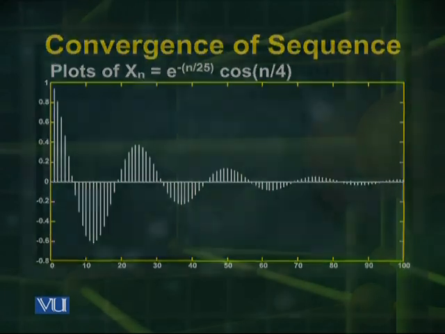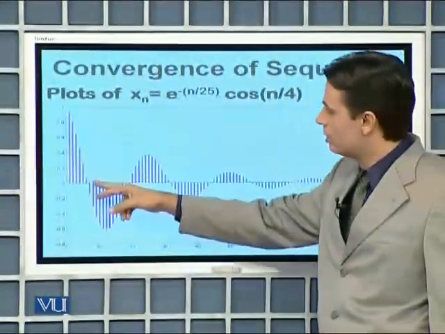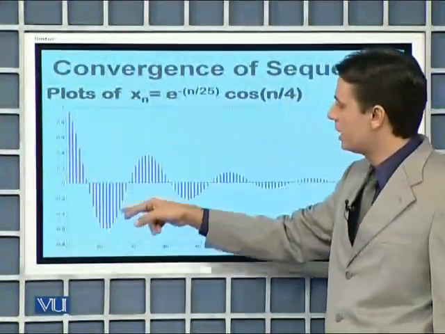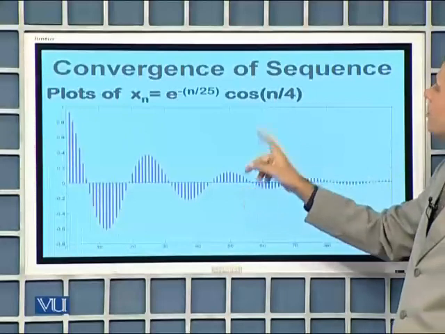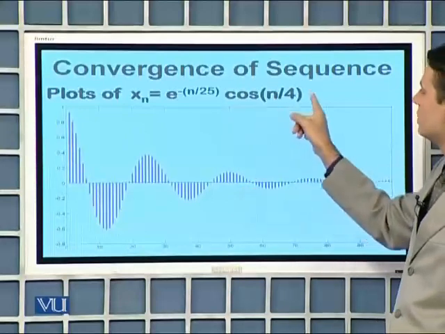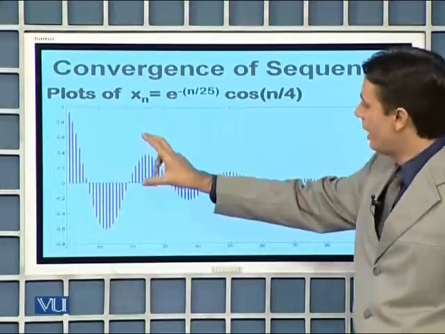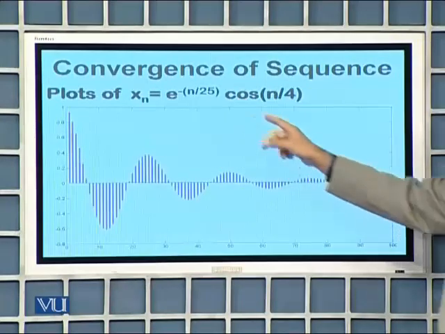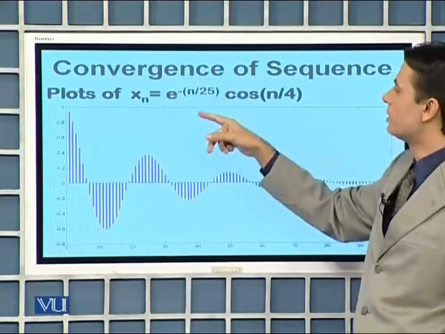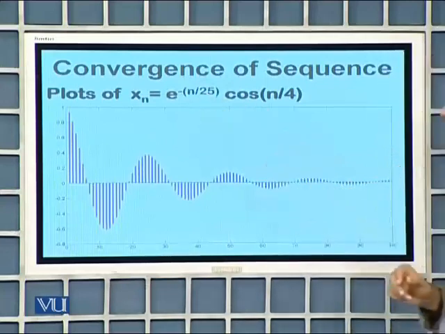So this sequence starts from positive, goes negative, then positive, negative, positive, negative, is oscillating because of the presence of this cosine factor. And the amplitude is becoming smaller and smaller because of this exponential factor. So is this sequence converging?